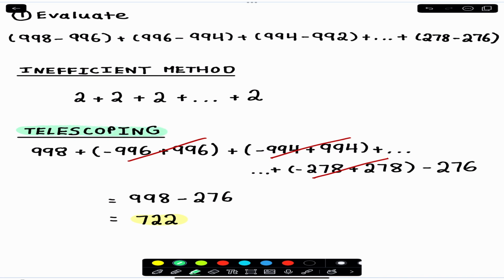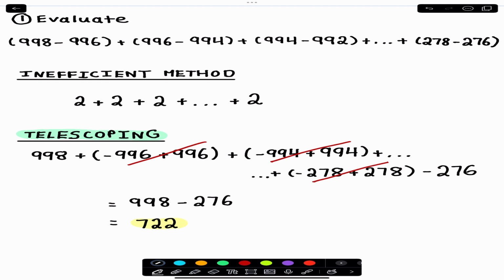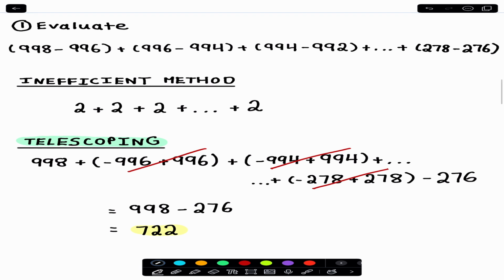Telescoping is the way to go instead of this inefficient method. So to be able to recognize this setup as a telescoping problem just requires a bit of practice. So over here you can see we sort of had to change how we viewed the terms being paired up, because in the problem they're given like this, but we sort of viewed it more like this.